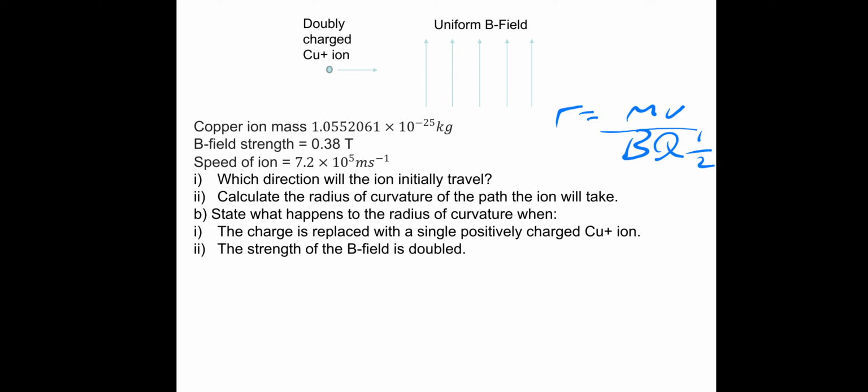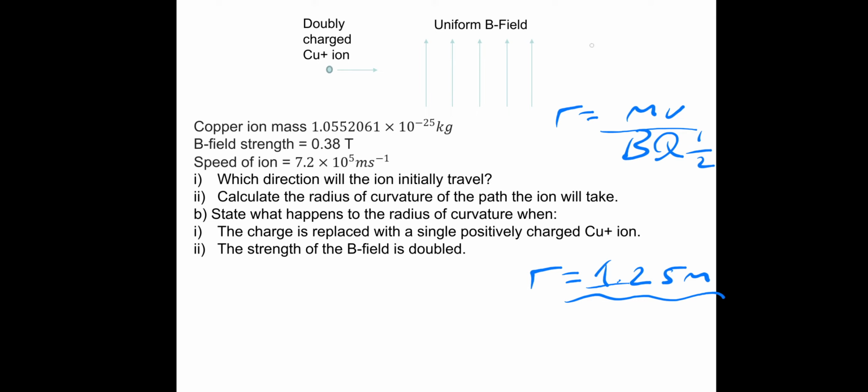So we need to do 0.62 times 2. And 0.62 times 2 is 1.24, but if you use the full number, you would actually get 1.25 meters. So if you've got 1.25 or 1.24, that's fine. You should really be using the full number, but it's okay in this instance.